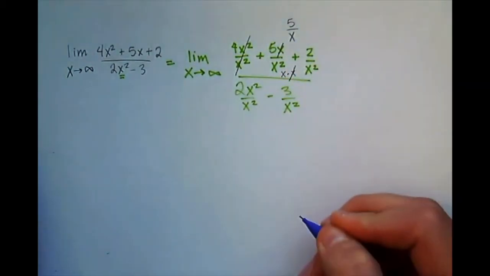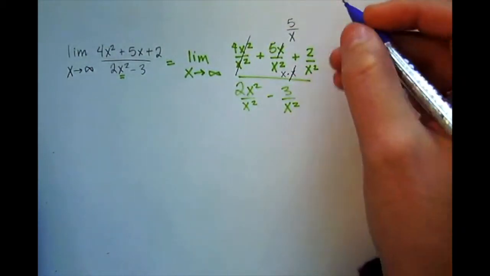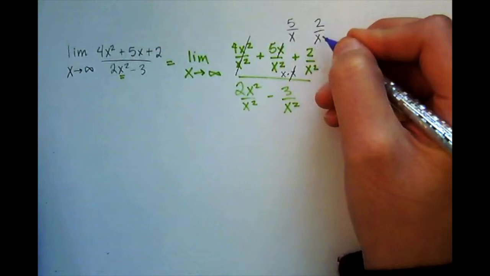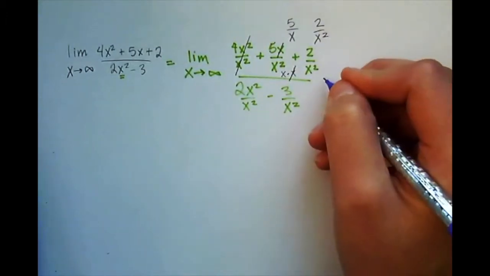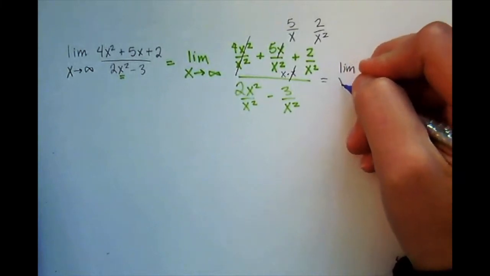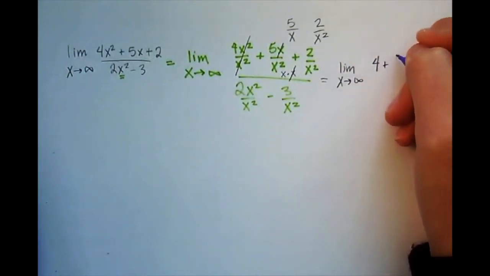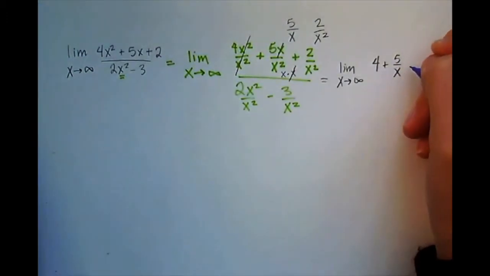And then 2 over x squared, we can't simplify that, so that just stays as 2 over x squared. So I'm going to rewrite this. We're left with 4 plus 5 over x plus 2 over x squared.